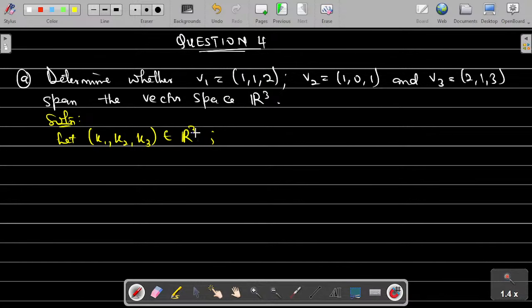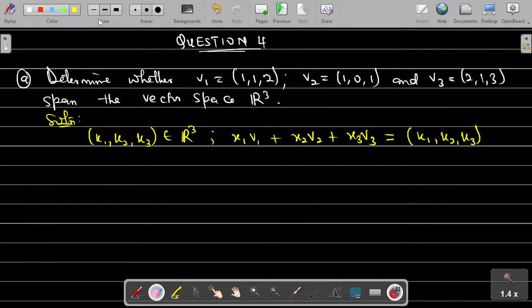So I want us to show that there are scalars. Maybe let's use x1, x2 as our scalars. So we have x1 v1 plus x2 v2 plus x3 v3 equal to our k, and our k is k1, k2 and k3 inside R3.